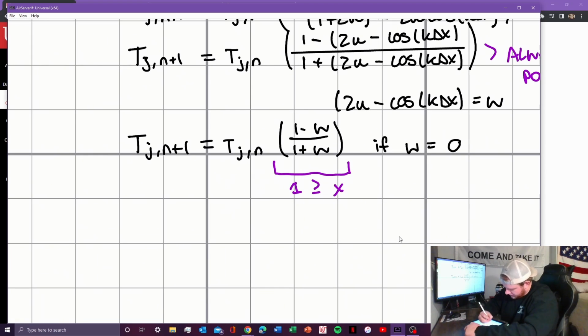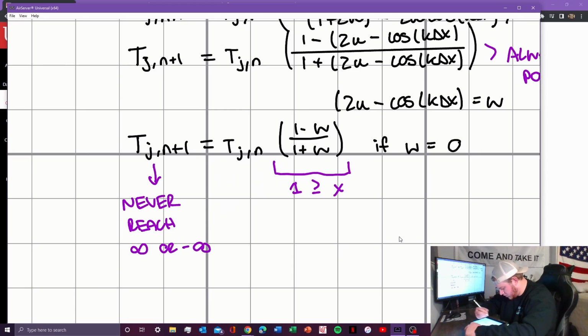And that will allow this term to never reach positive or negative infinity, meaning that this will always be stable.